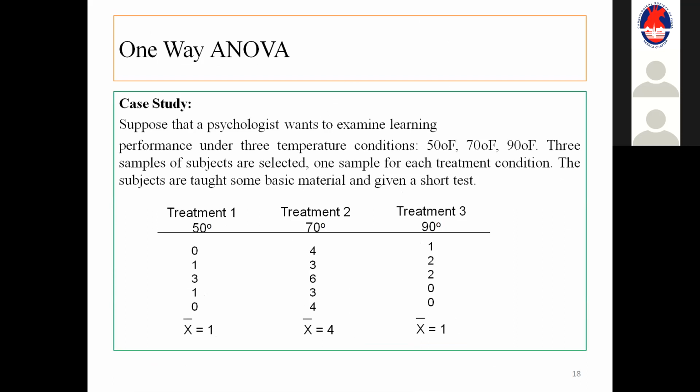So we will go into a case study. Suppose that psychologists want to examine learning performance under 3 temperature conditions: 50 degrees, 70 degrees, and 90 degrees. 3 samples of subjects are selected, 1 sample for each treatment condition. The subjects are taught some basic material and given a short test, and these are the scores of the test.